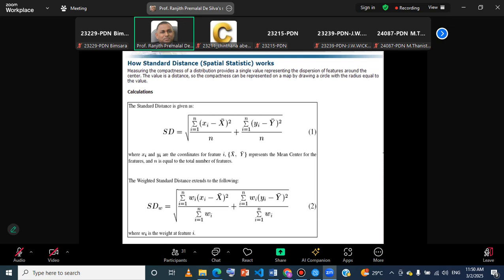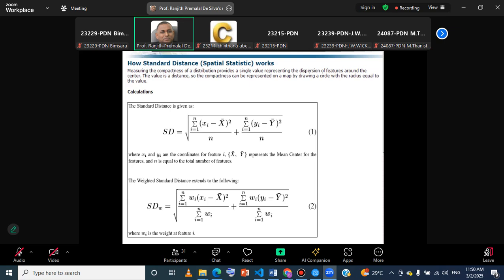Every time you take the deviation from the mean, square it, sum it, and divide by the number of observations. Then you do the same for y, add these two together and take the square root of it. The same equation you can extend if you want to calculate weighted standard distance.